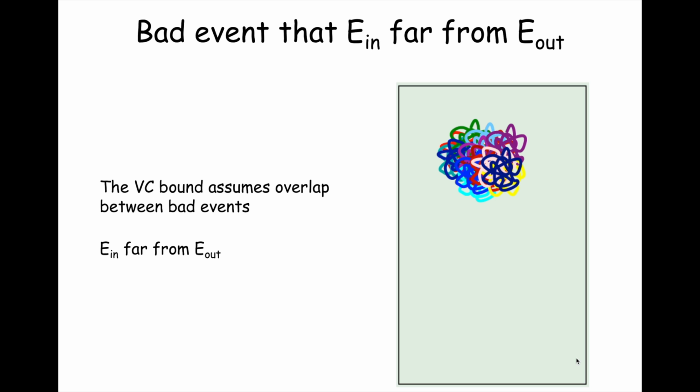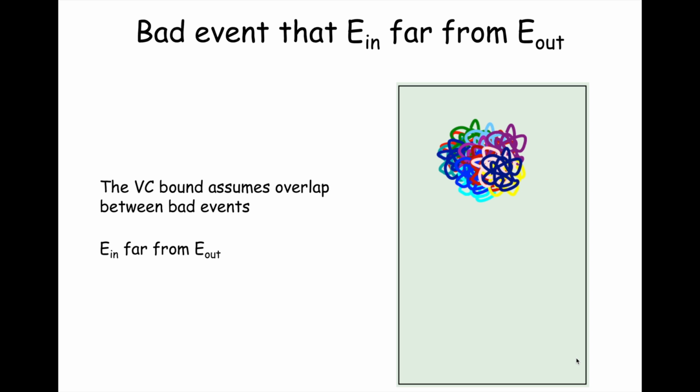You'll notice here that a smaller part of the space of possible data sets is covered by the union, if you will, of these bad events. And so that means a relatively smaller probability associated with the likelihood that E in and E out are going to diverge from one another by more than your epsilon.